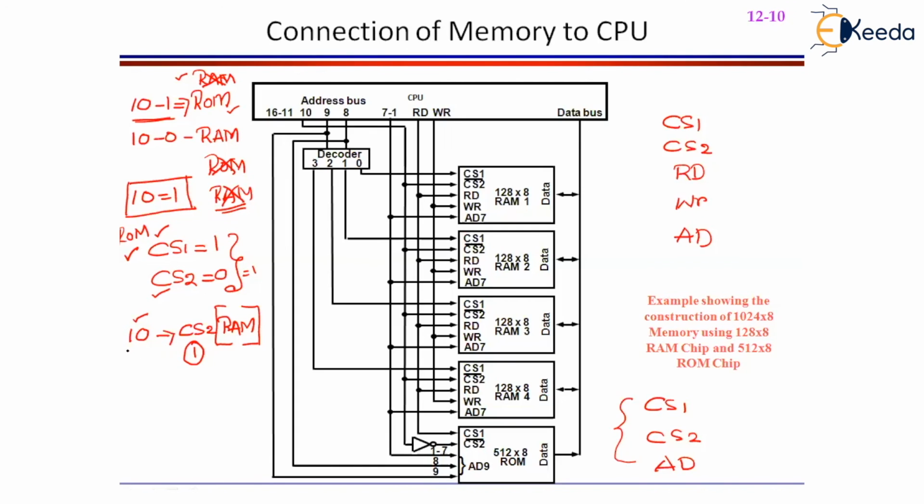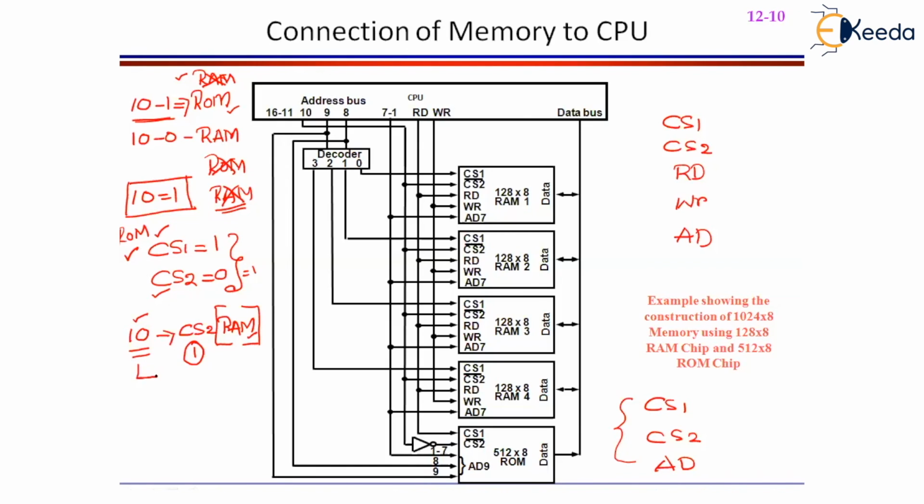So I will connect the 10th digit to CS2 of all the RAMs. Whenever the 10th digit is equal to 1, all the RAMs' CS2s will be equal to 1, so immediately those will get disabled. Now we need to enable ROM. We disable RAM, we should enable ROM when the 10th is equal to 1.